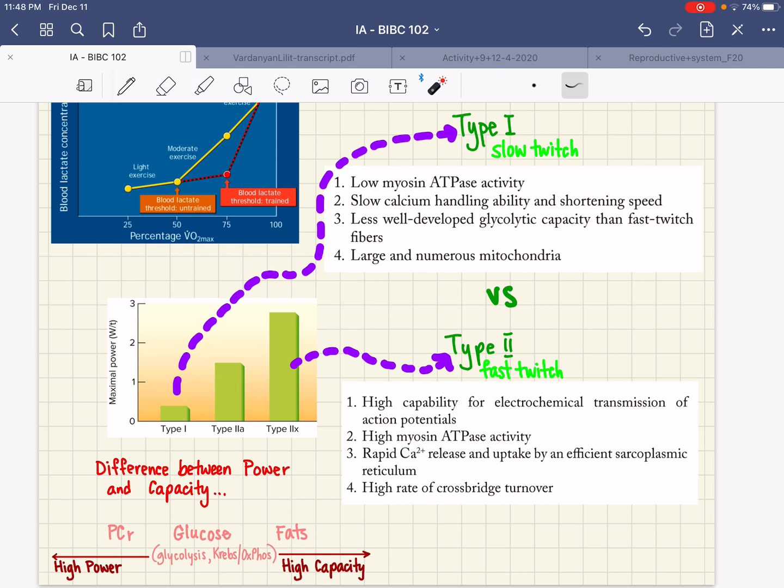Okay, so let's look at some of the points for type 1. So type 1 muscle cells have low ATPase activity of myosin. If you remember what I said in the beginning of chapter 17, ATPase activity is what the myosin protein has in the muscle cells, right?